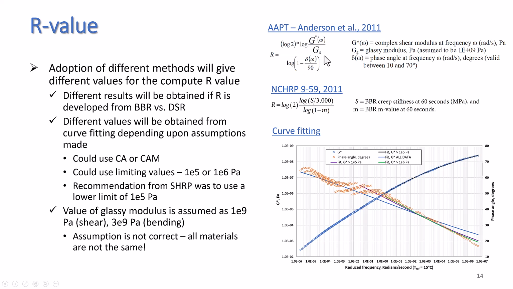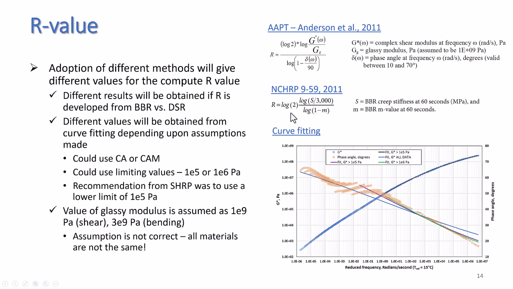But you can see that if you take a stiffness at a certain frequency and the phase angle at a certain frequency, and you make an assumption with regard to the glassy modulus, then you can calculate the R value from a single data point. So you can take one data point and make an estimation of the R value.